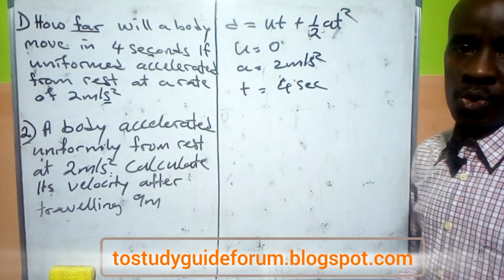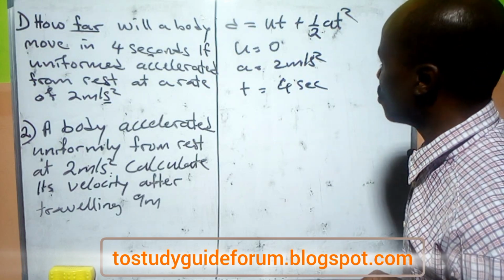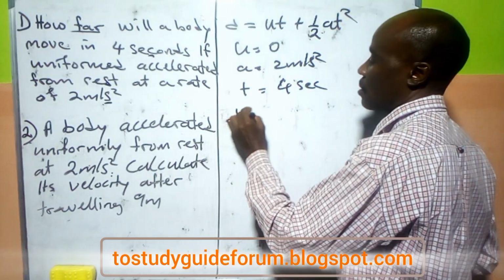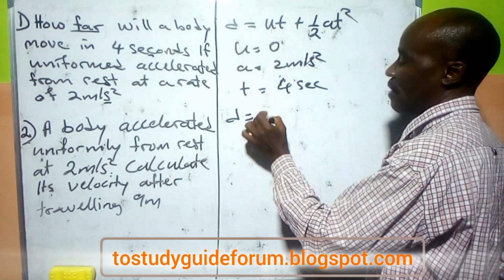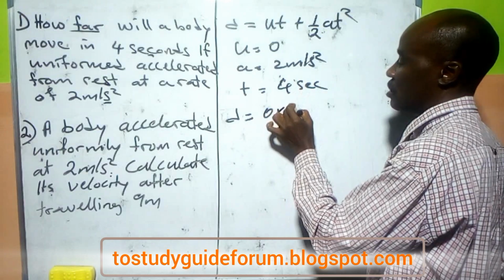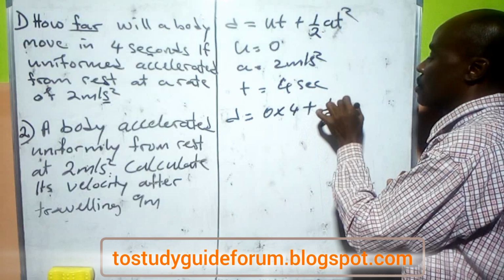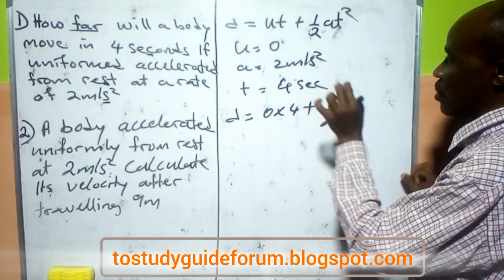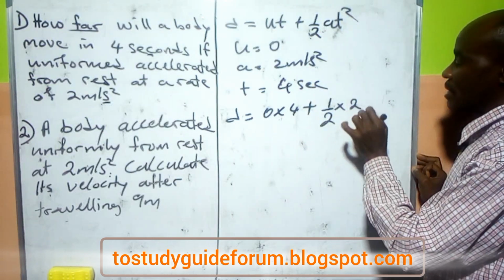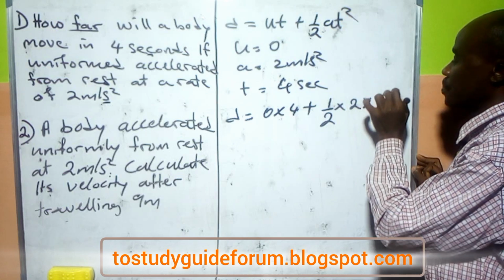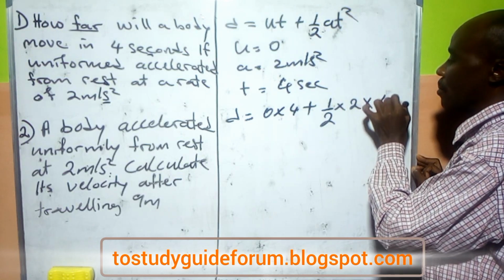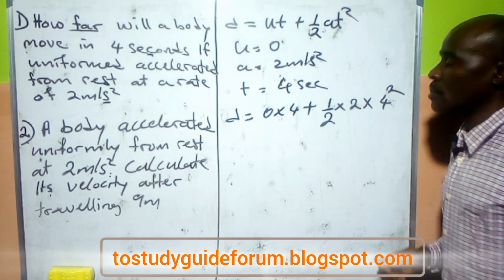Now we can substitute all these values. Since the initial velocity is 0, times the time, which is 4 seconds, plus half times the acceleration, which is 2 meters per second squared, times time squared.